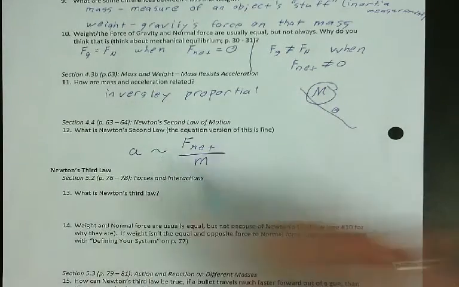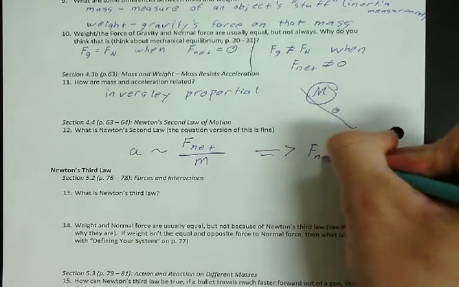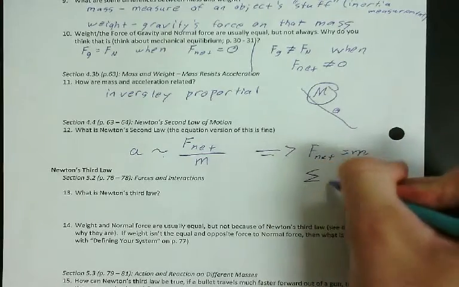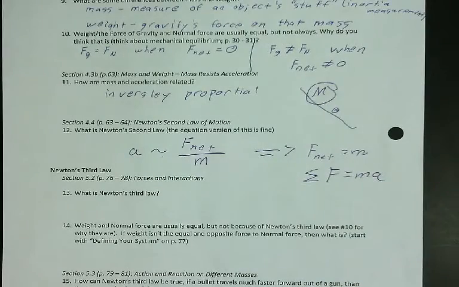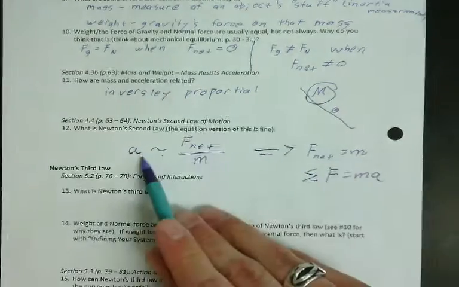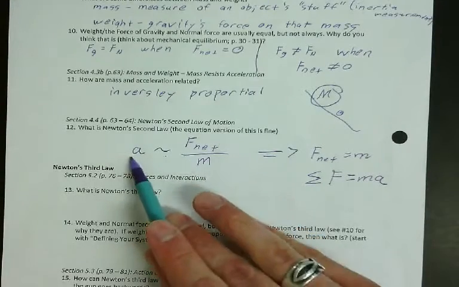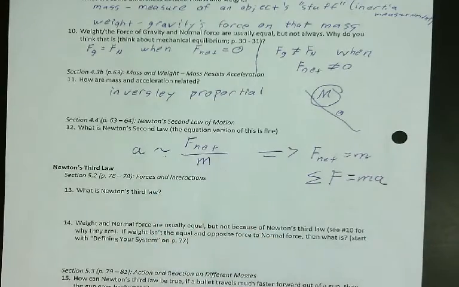But this equation, you may be more familiar with this one. F net equals ma. Or maybe even this. I'll write it for you. This shows me that more force means more acceleration, and more mass means less acceleration because they're opposites of each other.